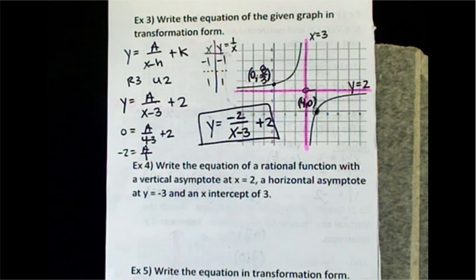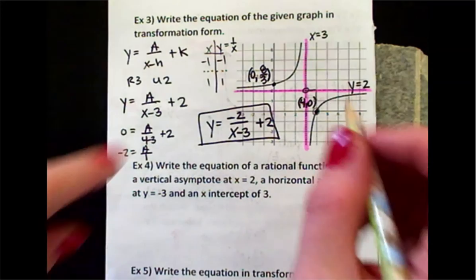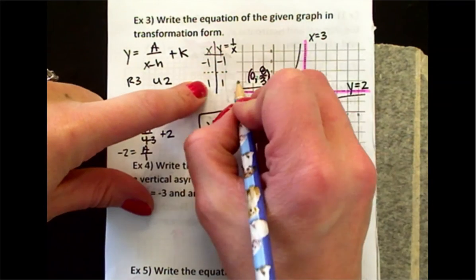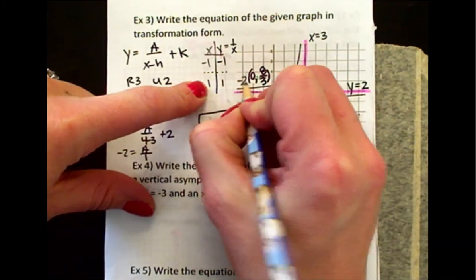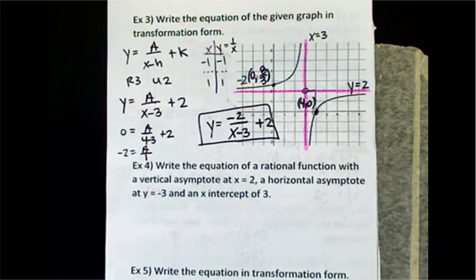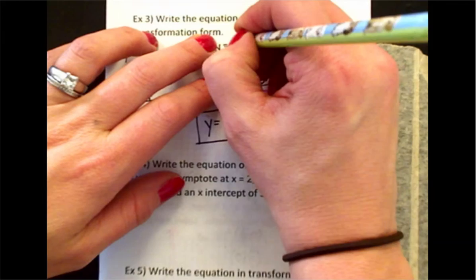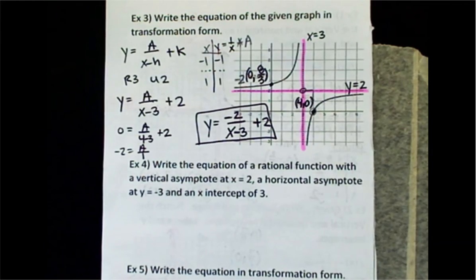Every time you go over 1 from your center, it can tell you the A value. In this particular case, when I go over 1, I went down 2. Well, the only way to change those is to multiply by the A. How do you get from 1 to negative 2? You multiply by negative 2. That's the A value. Okay?